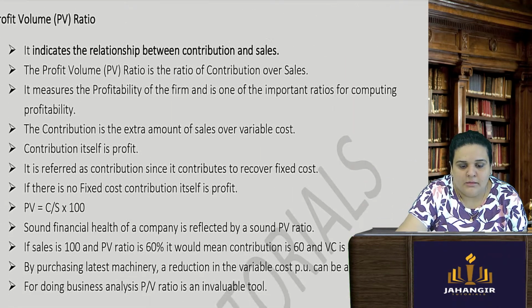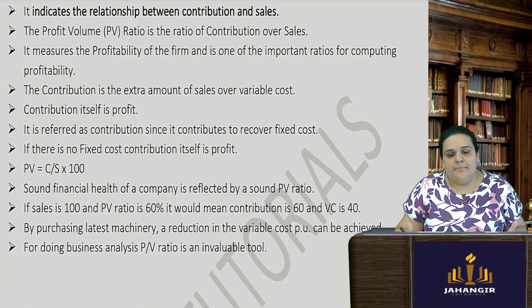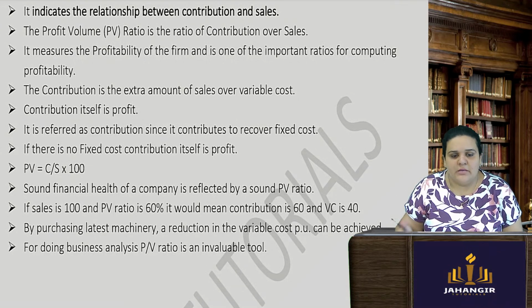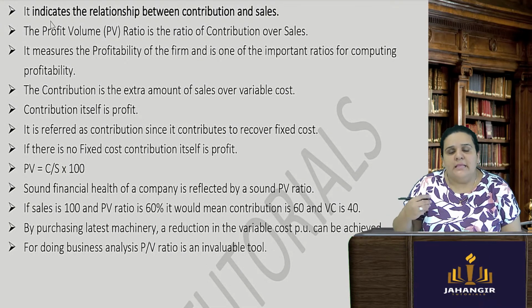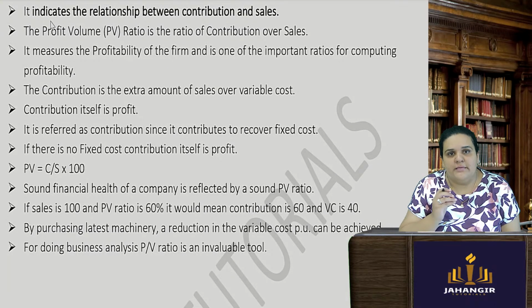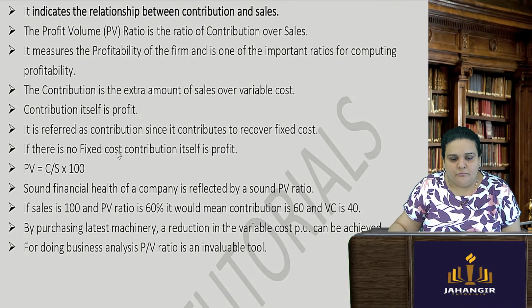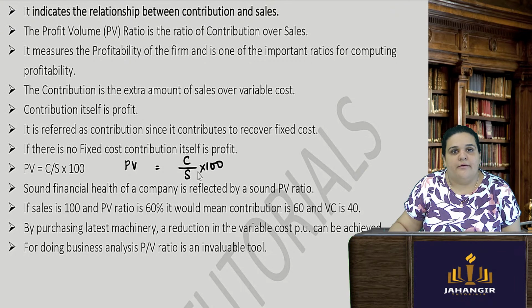Now we all know what a profit volume ratio is. Profit volume ratio is the ratio of contribution over sales. So there is only one additional formula in case they ask anything based on it: profit volume ratio is contribution upon sales into 100. Why into 100?